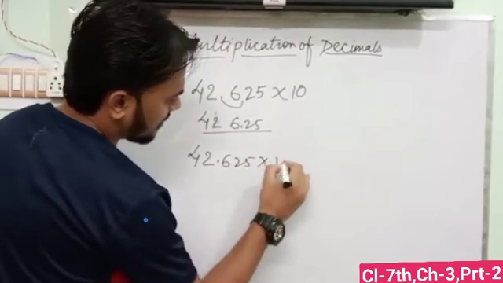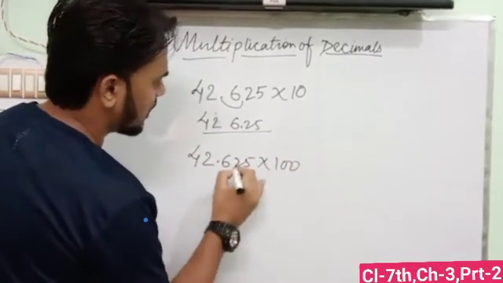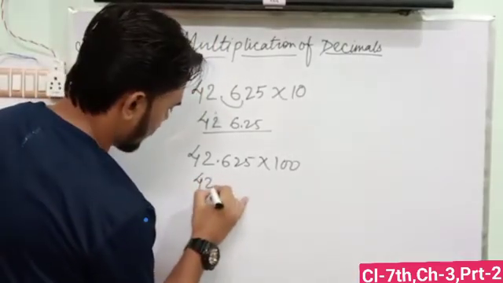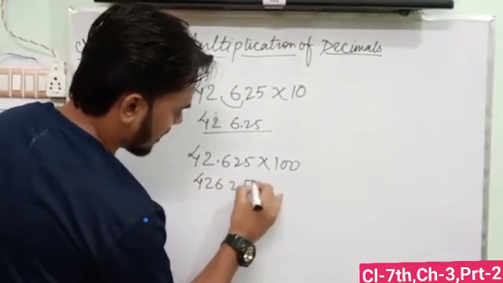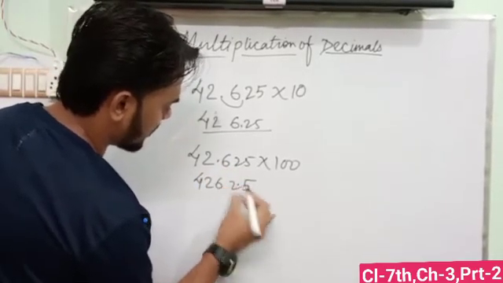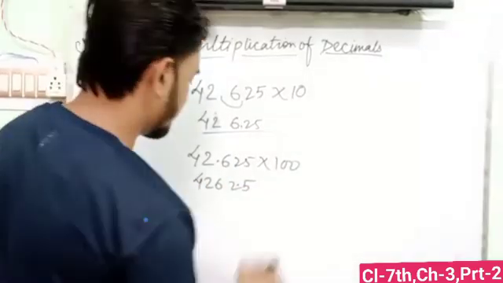Same as when we multiply a decimal number with 100: 42.625 multiplied by 100, the decimal shifts right by 2 digits, giving 4262.5. The digits will be the same, only the decimal shifts by 2 places.